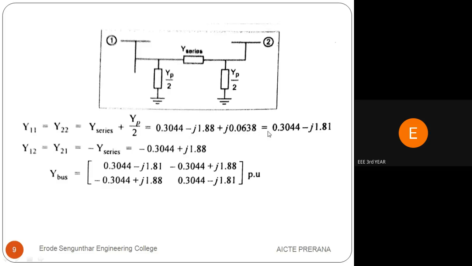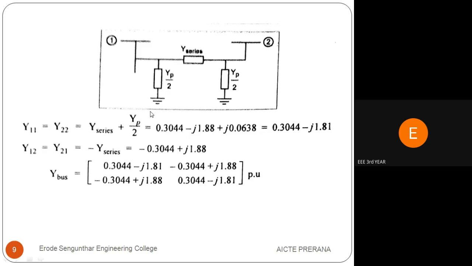After substituting, we will get the final answer as 0.3044 minus j 1.88. This is a diagonal value. I said already Yii and Yjj are diagonals, and the non-diagonals are Yij and Yji. If we substitute i equal to 1, then we will get Y11. If we substitute i equal to 2, then we will get Y22. Anyway, the diagonal value is 0.3044 minus j 1.88.